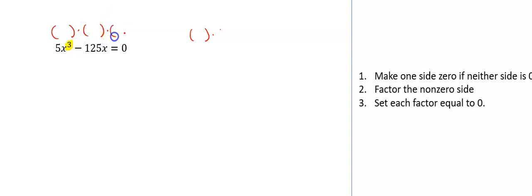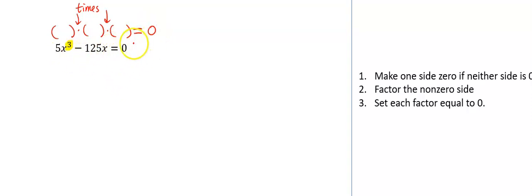Maybe possibly we will have 3 or even 4, but the one side has to be all multiplications, so times and times and times, and the other side has to be a 0.